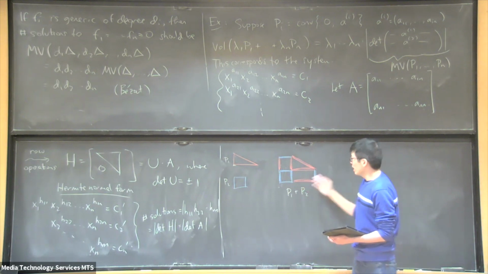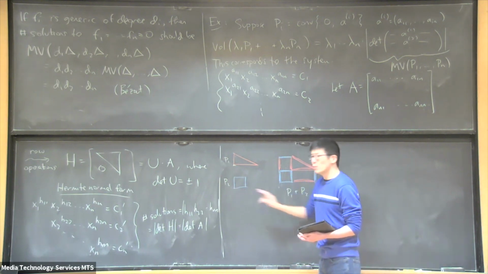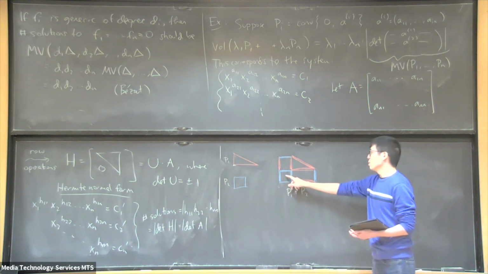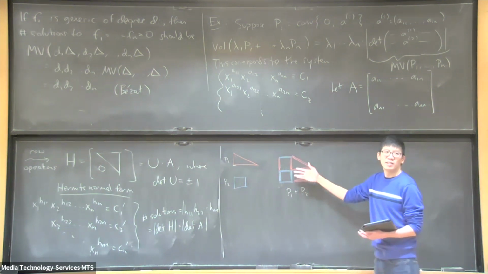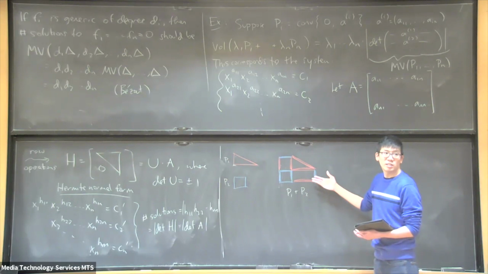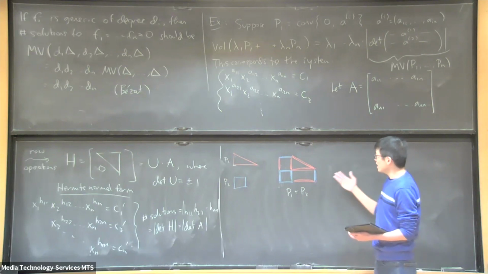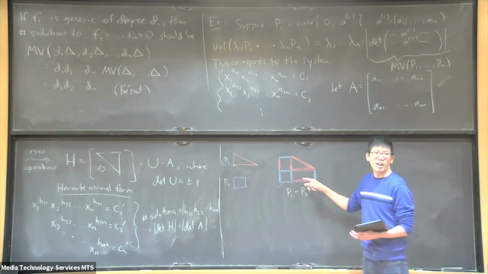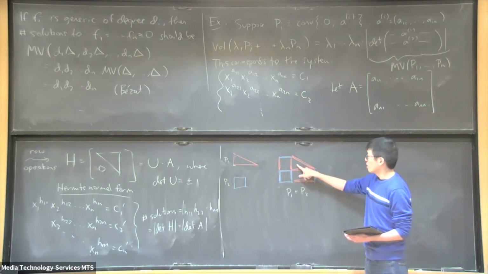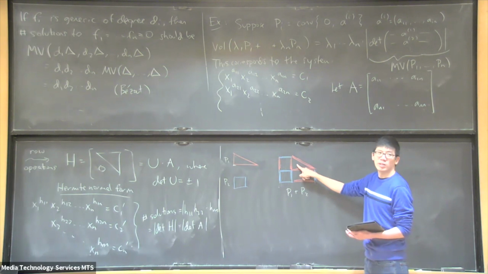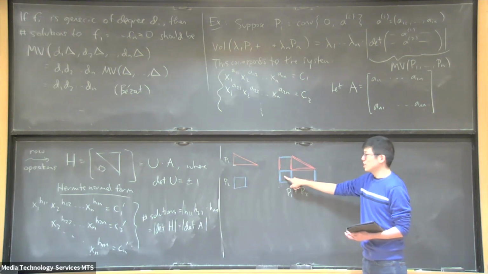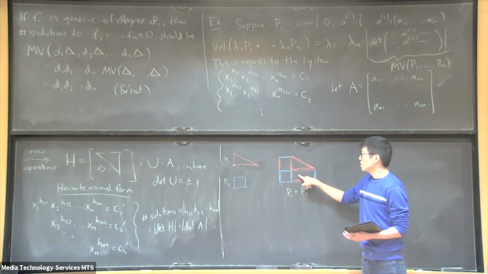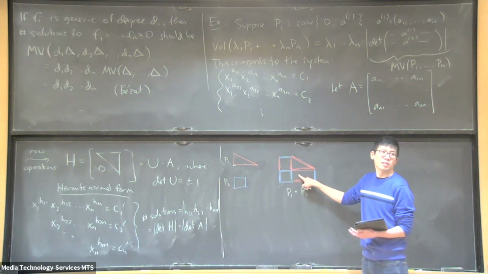Similarly, if you multiply P2 by lambda 2 and then add, that will stretch all the blue edges by lambda 2 and keep the red edges fixed. So each of these cells will scale by a different amount. This red one will scale by lambda 1 squared, this blue one will scale by lambda 2 squared, and these special rectangles will scale by lambda 1 times lambda 2.